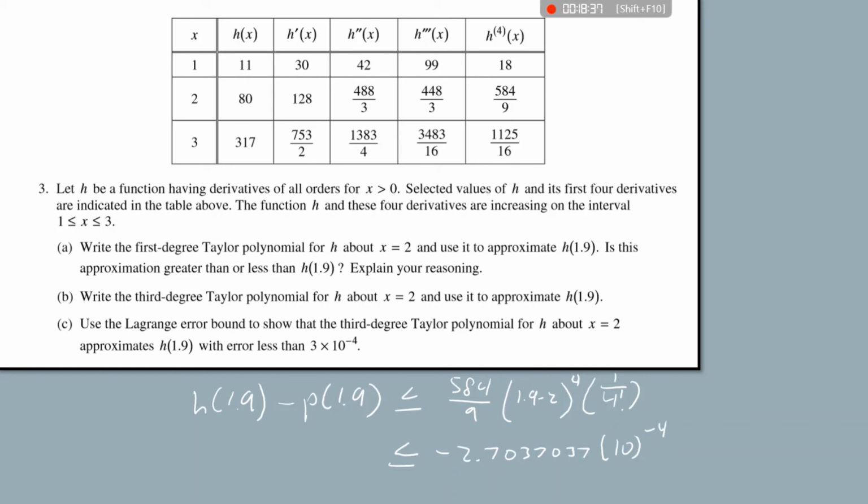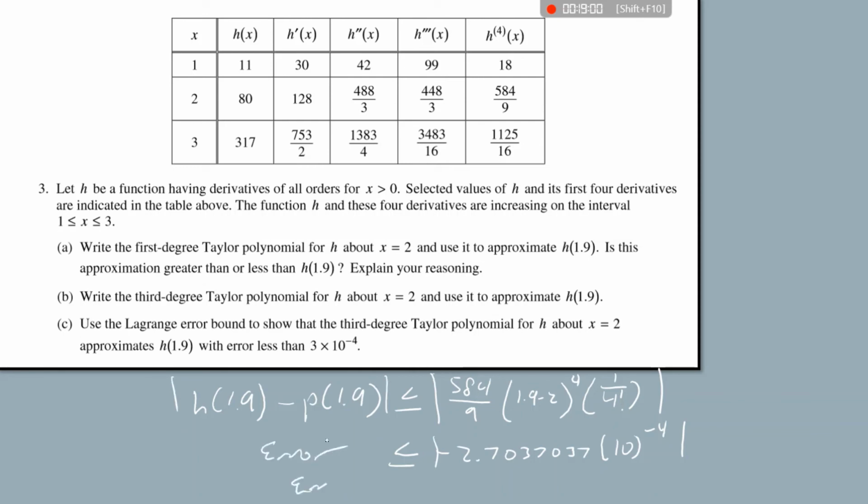Okay, and is that less than 3 times 10 to the negative fourth power? Yes. Okay, I'm looking at error here, so this should be in absolute value while I'm here, on this side too, actually.